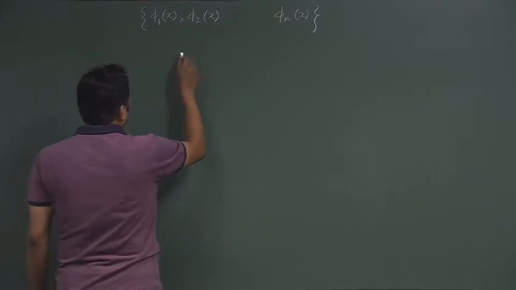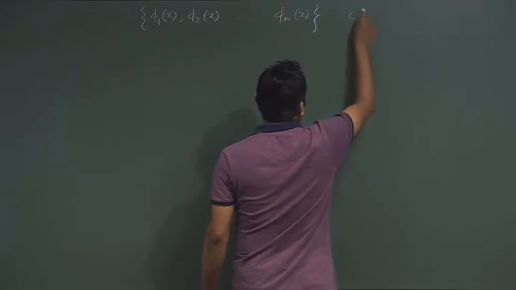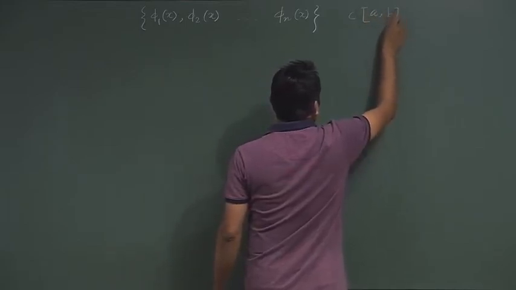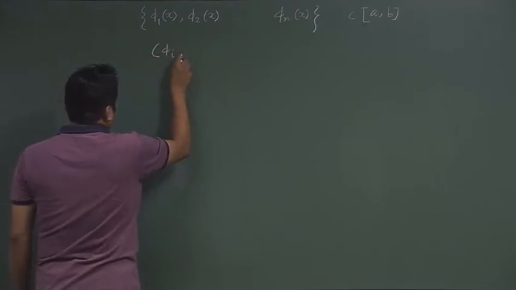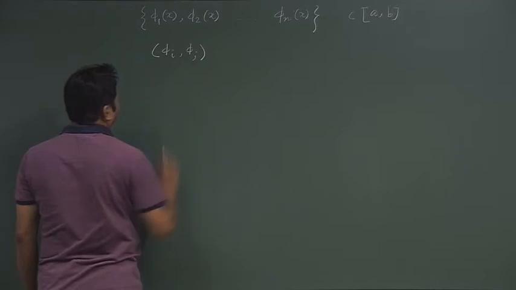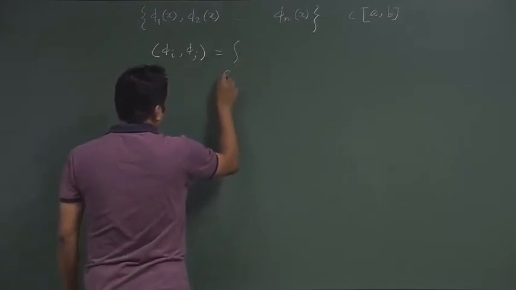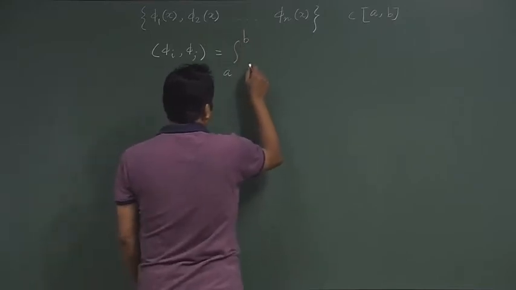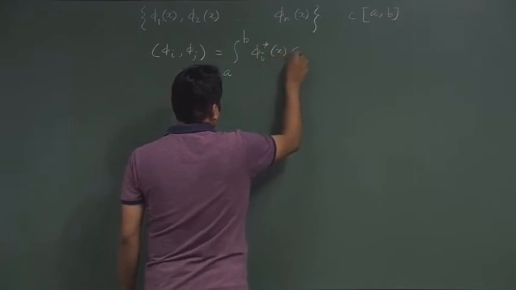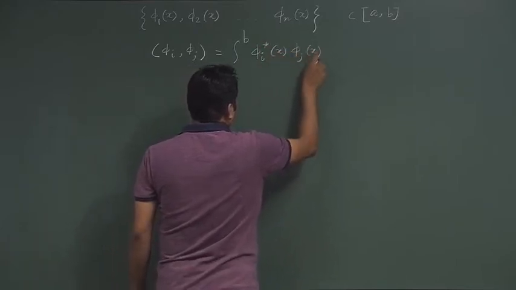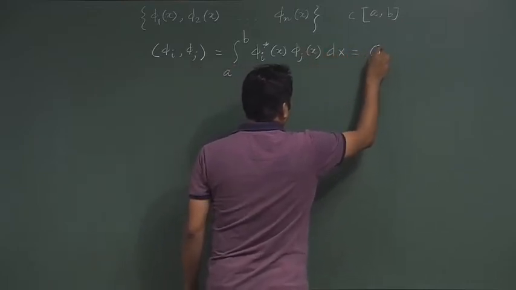Now, we also define something called the inner product. If there is a continuous set of functions in the interval a and b, then phi i phi j, defined by this notation, is the integral from a to b of phi i star x phi j x dx, equal to 0.